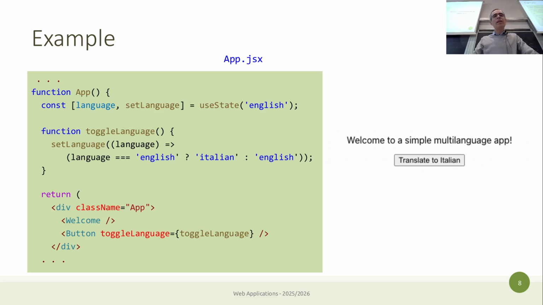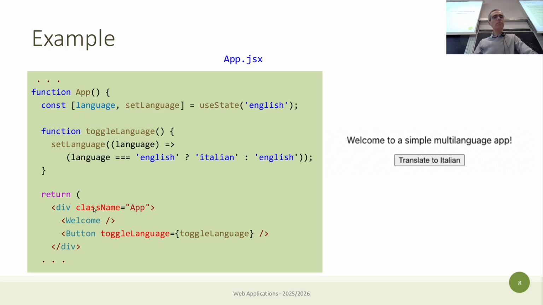Language, setLanguage, useState English, so here we decided to keep a state with the value that is type string. toggleLanguage, that's the event handler, setLanguage, that's the function that sets the state, and since it depends on the previous value, it takes a callback, so we rehearse a little bit what we said in last lectures. If the language is English, the new value, the return value is Italian, otherwise it's English.